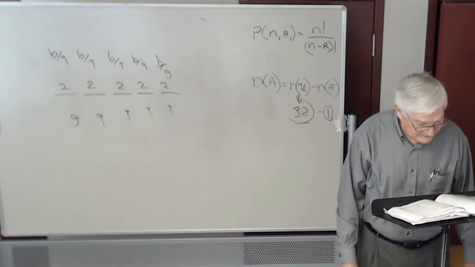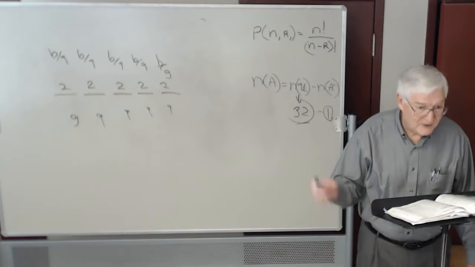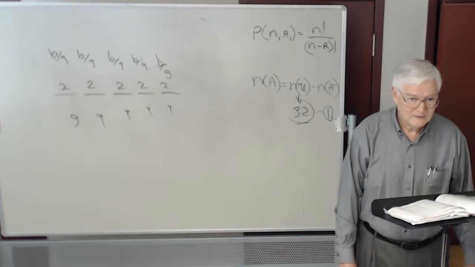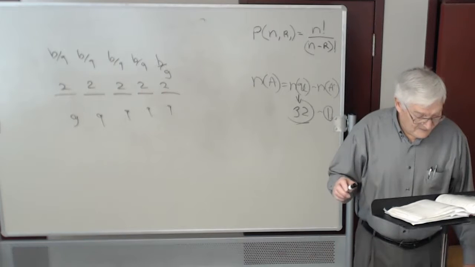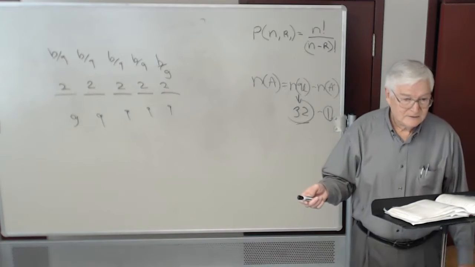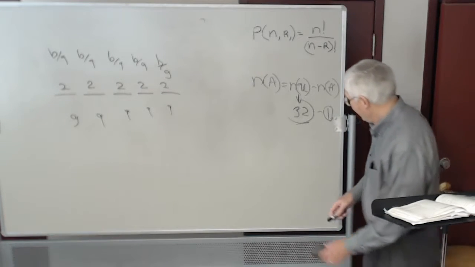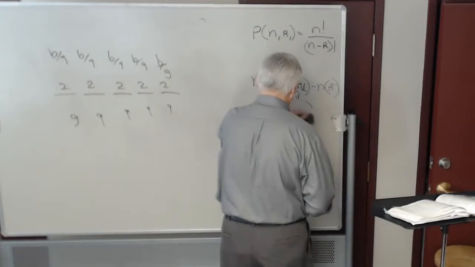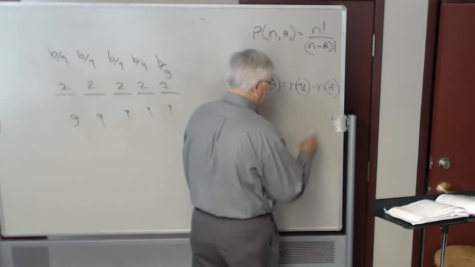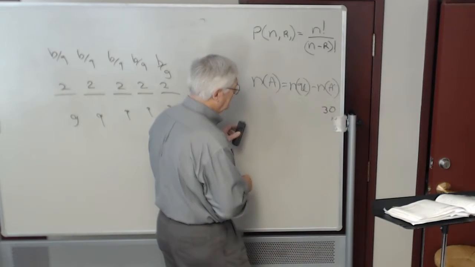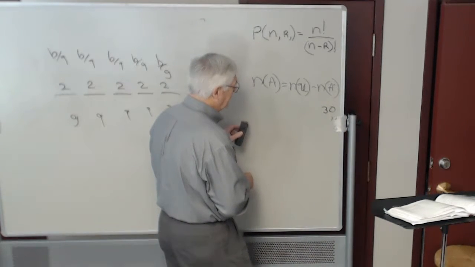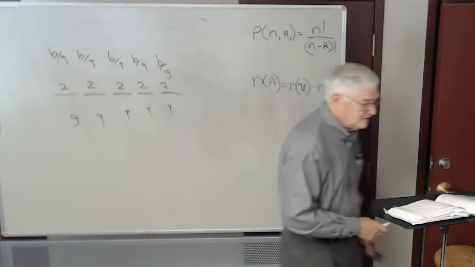There's 5 ways a single die can come up not 6. So what's 5 times 6? So not 6 would be 30. What's 6 times 6?